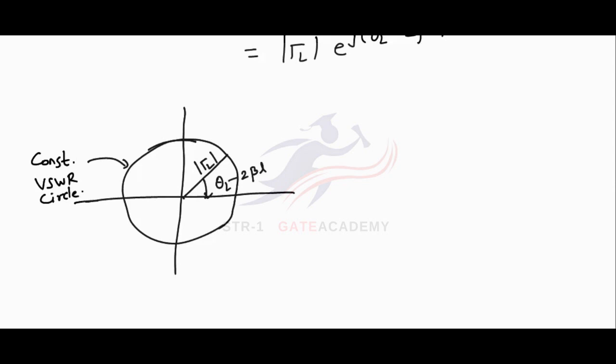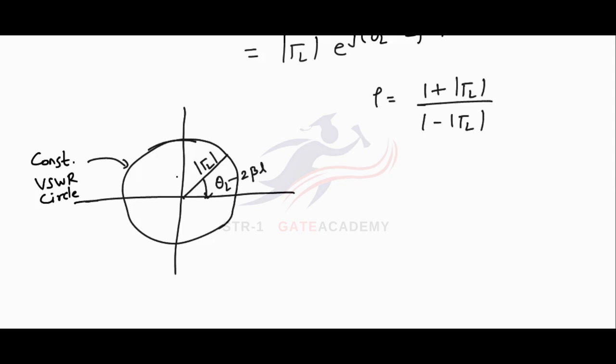Why is this called a constant VSWR circle? Because we know that VSWR is 1 plus mod of tau L divided by 1 minus mod of tau L, and for a circle its radius is constant, and its radius being constant means mod of tau L is constant. So therefore it is a constant VSWR circle.